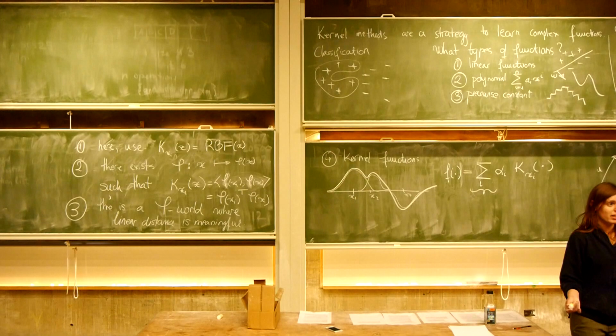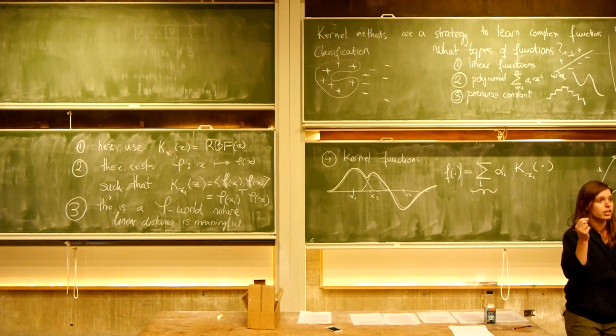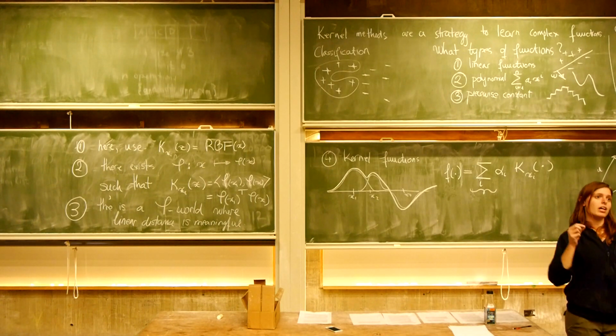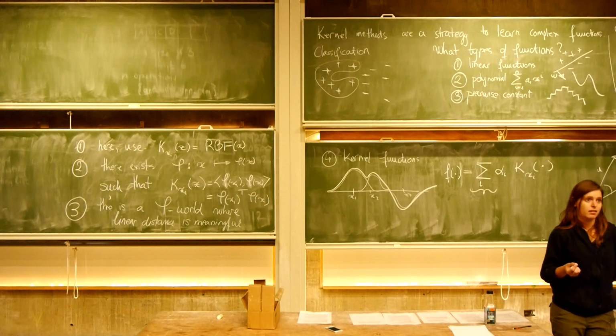Exactly. Because if we're in a world where what we care about is linear distance, we're going to compute that distance with dot products. And we know how to compute that dot product without using phi.